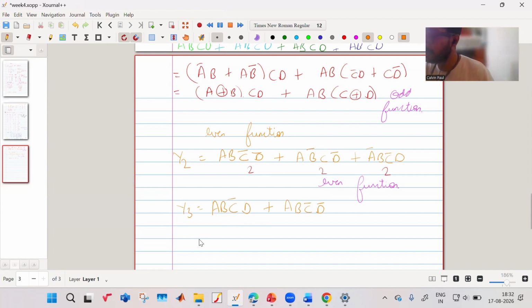What do you think? Because here, if you see the number of bars, this is 1 bar. Here you see the number of bars, there are 2. So that's why this is neither an odd nor an even function.